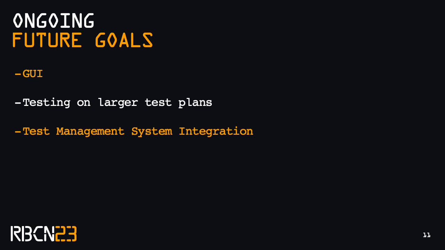And it's also important that we can test on larger test plans to compare the solutions with relational and non-relational databases. Also ongoing is the integration of our test database with a test management system such as TestRail or X-Ray.